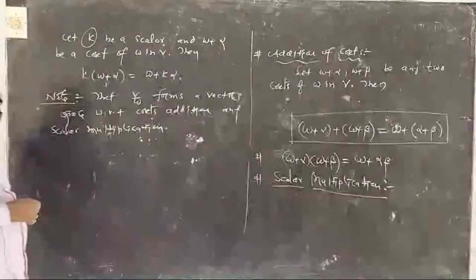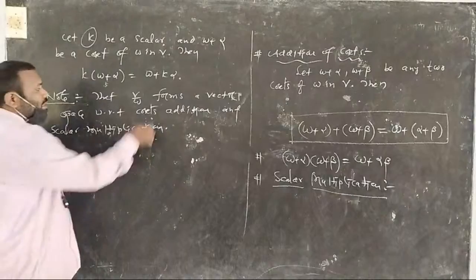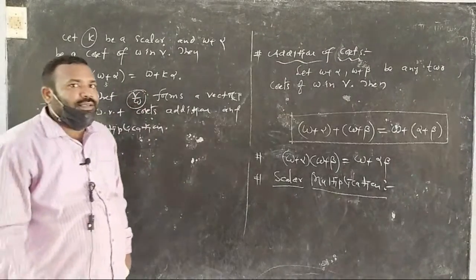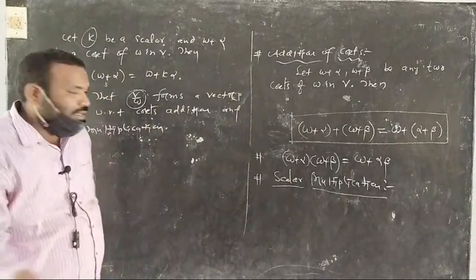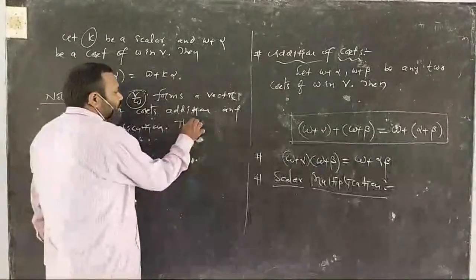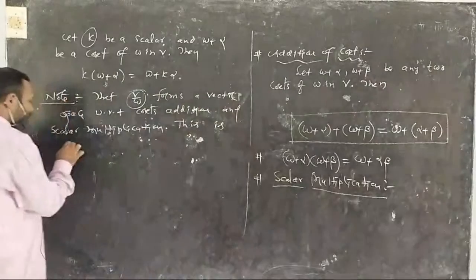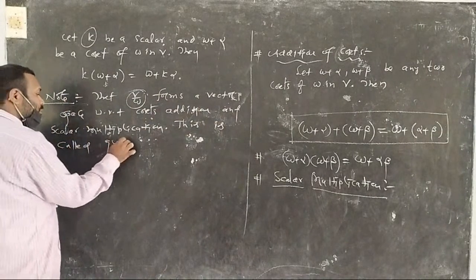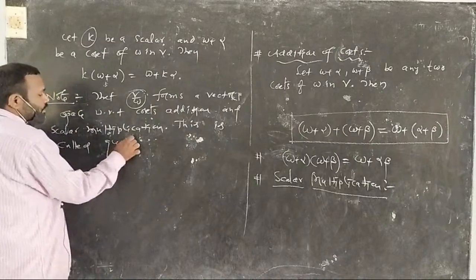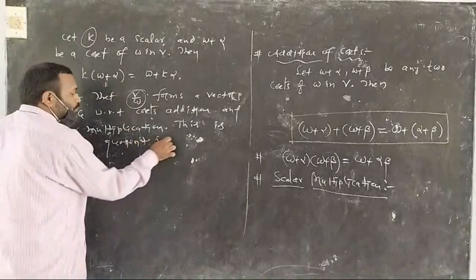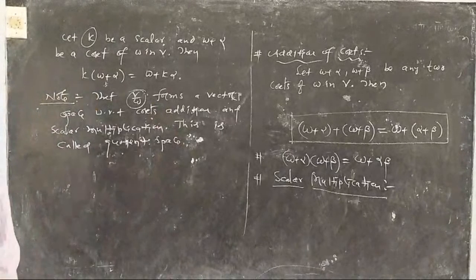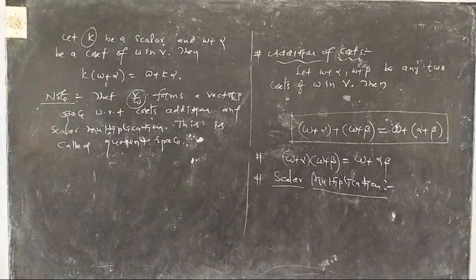So, V by W is a vector space. This vector space is called quotient space. Though it is a vector space, it is called quotient space. These are the definitions you must learn before we write a theorem.